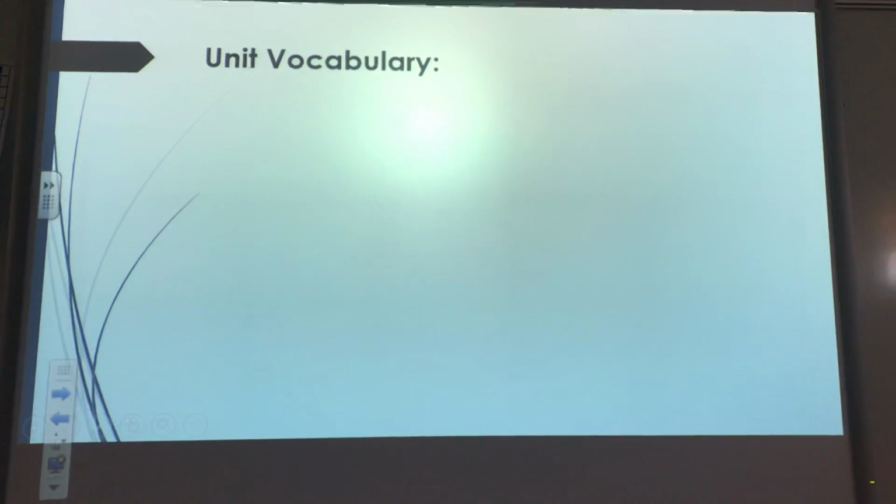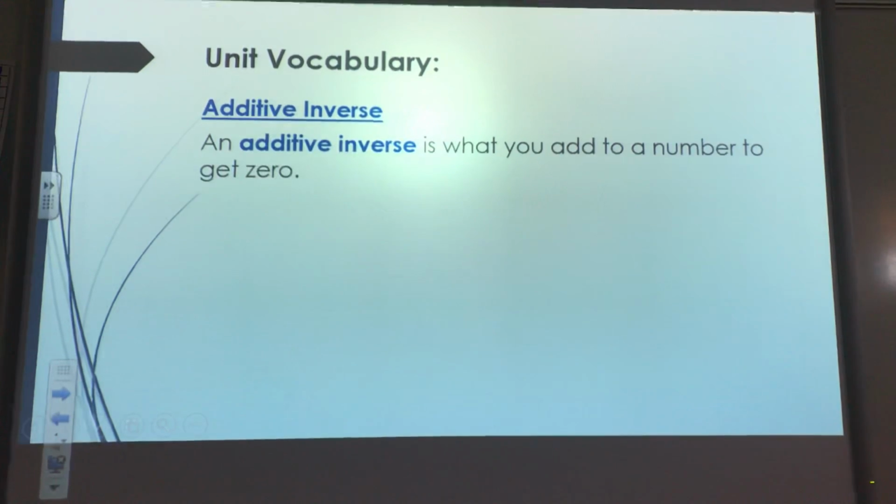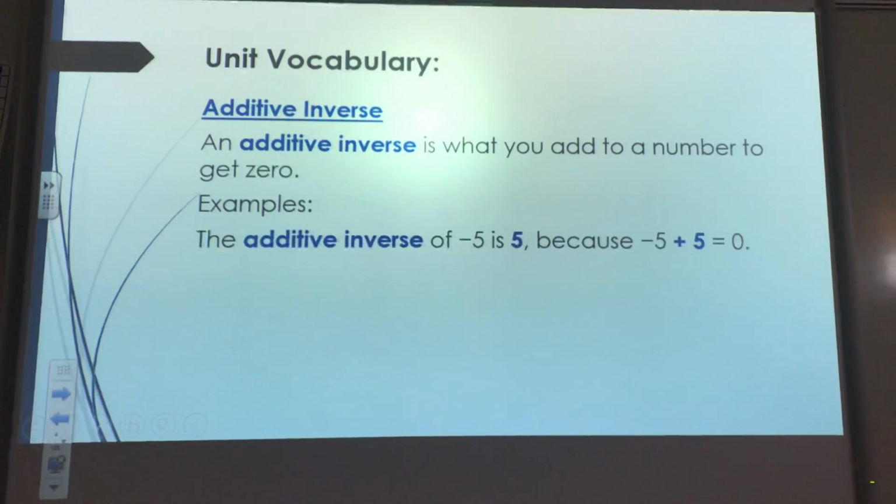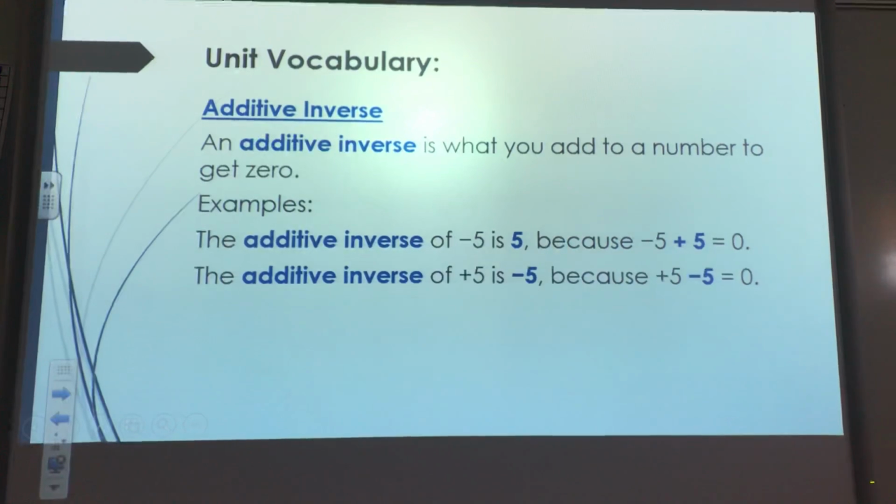So some unit vocabulary includes the additive inverse. An additive inverse is what you add to a number to get a zero. So examples would include the additive inverse of a -5 is 5 because a -5 and a +5 equals 0. Or another way of saying it is a -5 plus 5 equals 0.